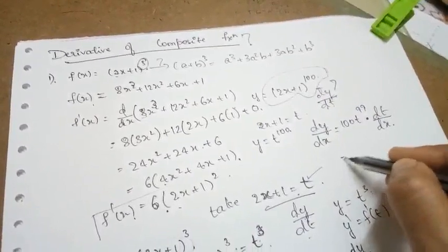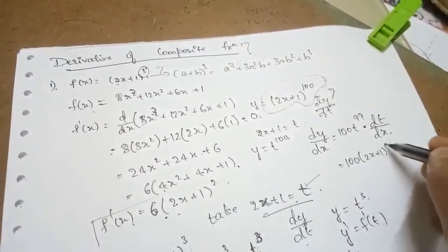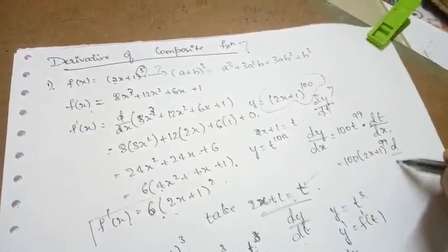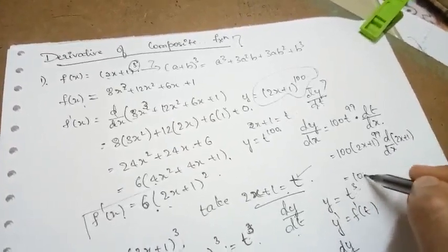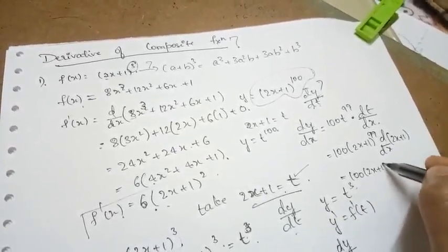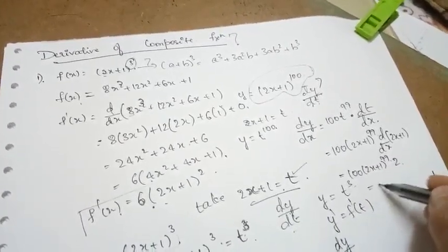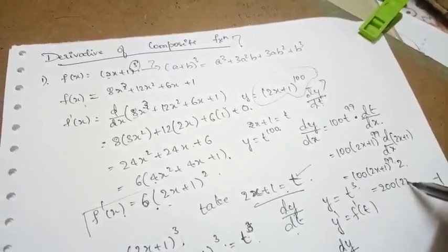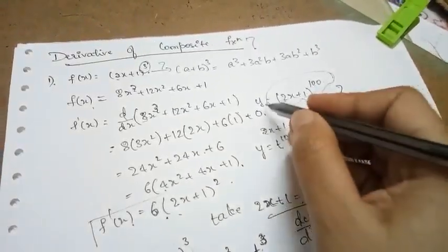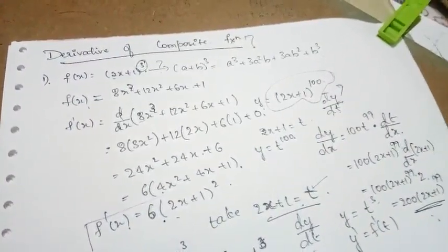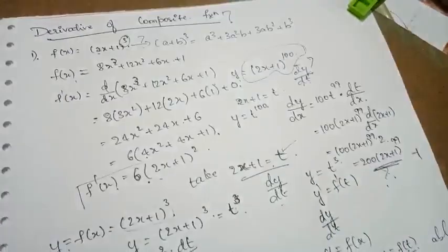So I am back substituting that t, that is 2x plus 1, to the power 99, times d by dx of 2x plus 1. What happens? 100 times 2x plus 1 to the power 99. Differentiation of this one is 2, so 100 into 2 is 200 times 2x plus 1 to the power 99. This is the derivative of the function y is equal to 2x plus 1 whole power 100. So this is how we are differentiating.